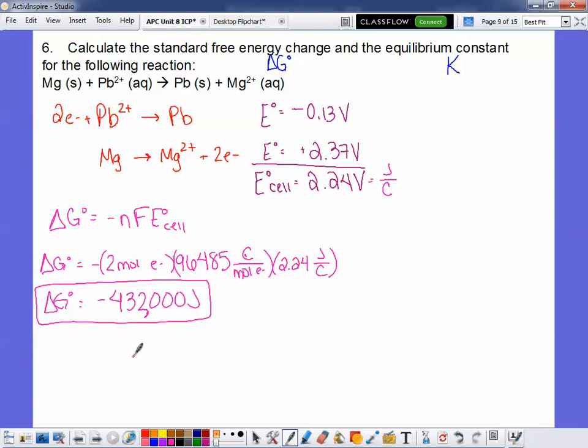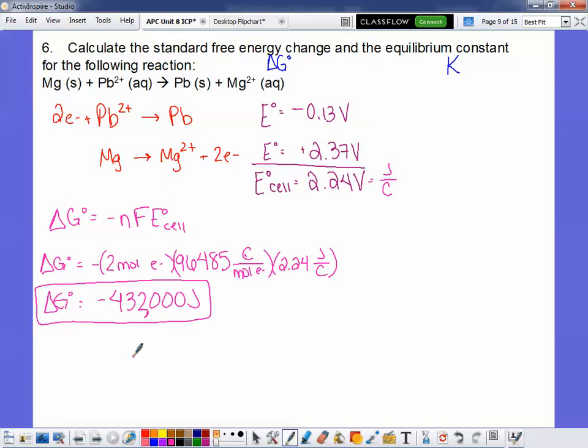It's a negative, which means, what does that tell us about the reaction? It's proceeding in which direction? In the forward direction. Negative delta G means it's proceeding in the forward direction, means it's favorable in the forward direction. What does our positive E cell tell us about the reaction? It's favorable in the forward direction. That's how they're related, okay?